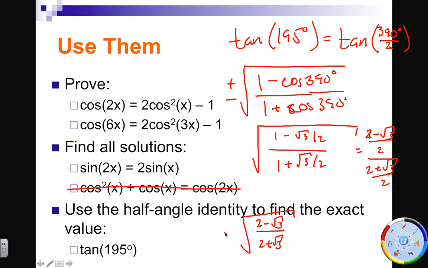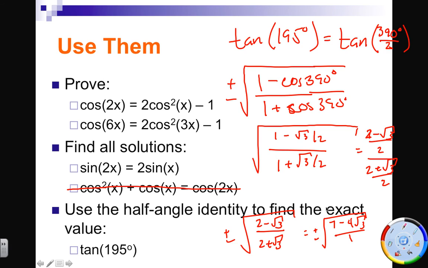I'm still under the square root, don't forget. And if you simplify this like before, I have to multiply by 2 minus radical 3. So I get 4 plus 3, which makes 7, minus 4 radical 3, all over 4 minus 3, which is 1. Well, that's nice because it kind of goes away, right?